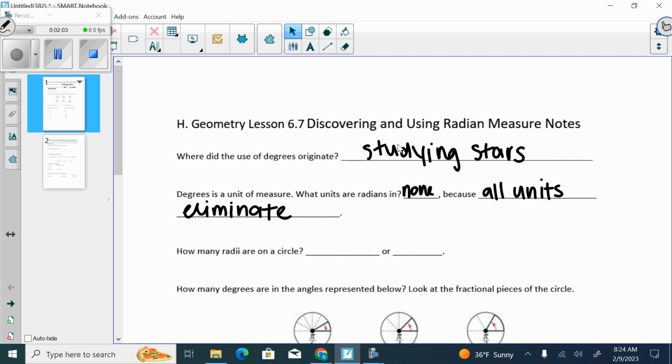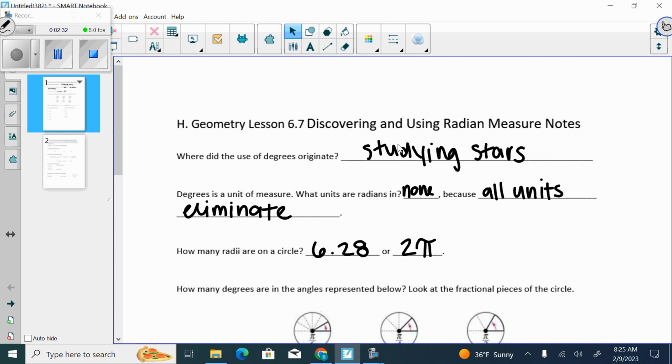Then they ask how many radii are on a circle. On a circle, you have 6.28 radii, which is kind of a strange decimal when you think about it, but it's basically equivalent to 2 pi. As we know, pi is an irrational number, a decimal that keeps going, so the 6.28 is just a rounded number.